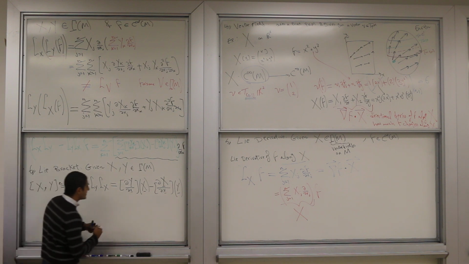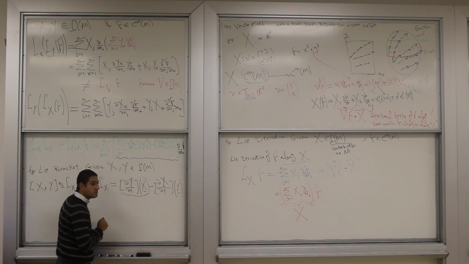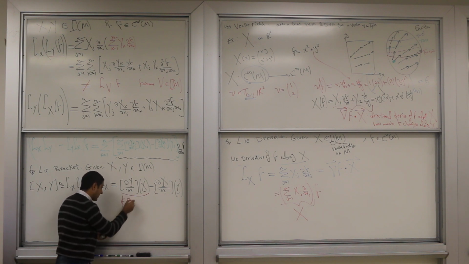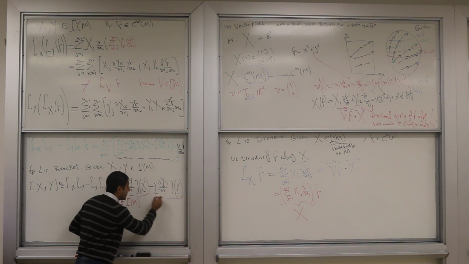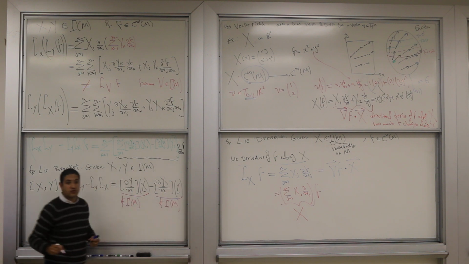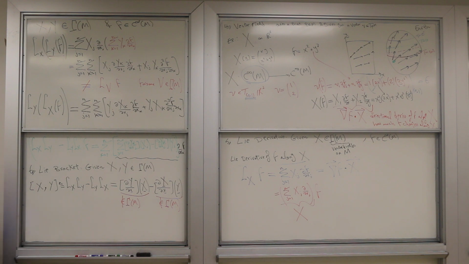So what's interesting is that for this operation, the result is a vector. It's not a vector field. The result here is not a vector field. But magically, when you subtract them, you will always, for any manifold, get a tangent vector. Okay?